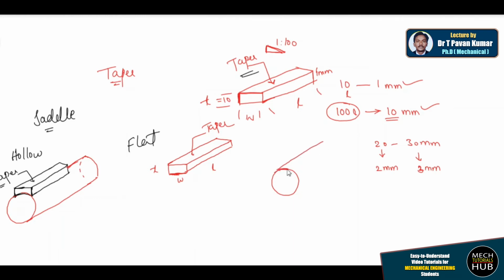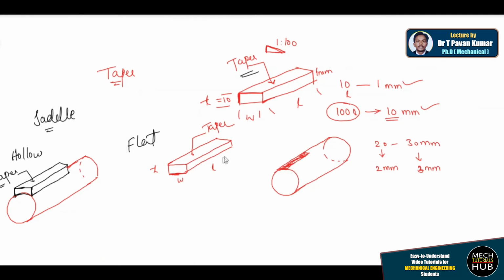Whatever length is maintained by the key, that portion they are supposed to file, because the bottom flat should be in contact with the top surface of the shaft, which has a circumference. They will file and prepare the shaft in this way, and the key is going to sit over here.